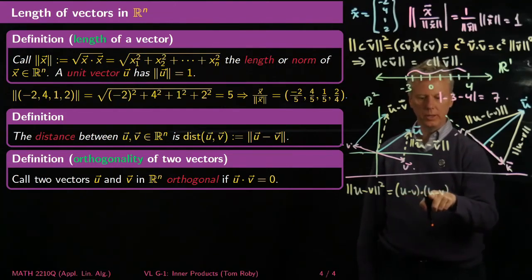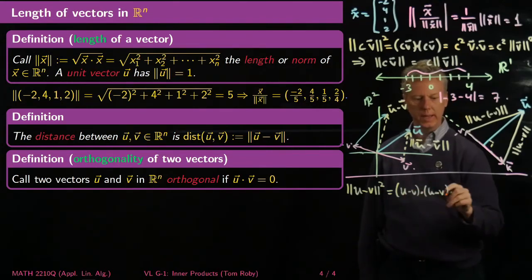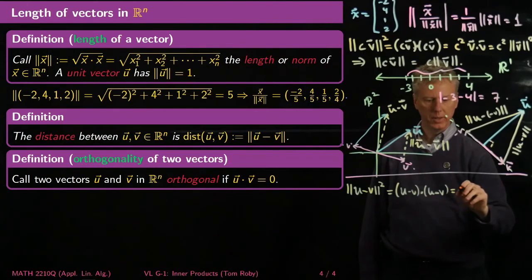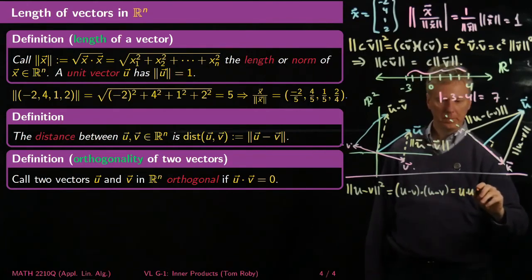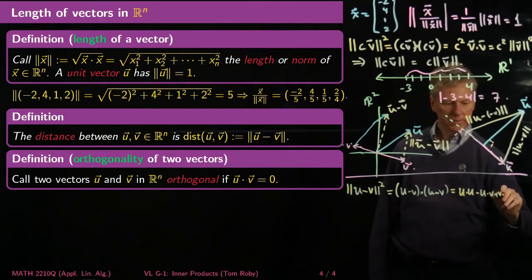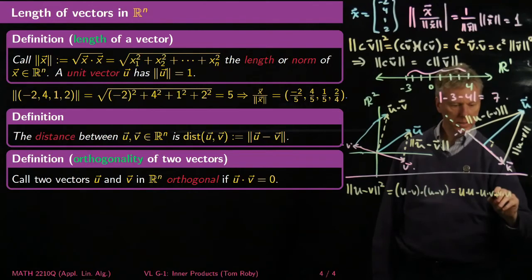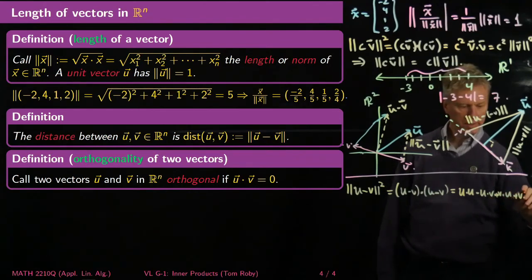So I'll end up with u dot u plus v dot v, and then I'll have a minus v dot u and a minus u dot v. So I'll end up with u dot u minus u dot v minus v dot u plus v dot v.